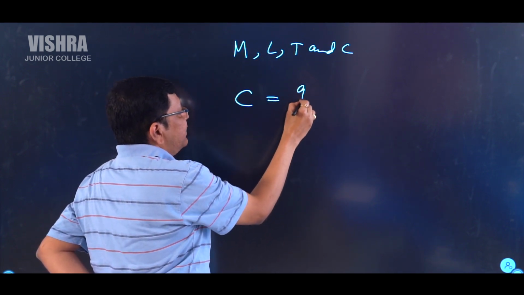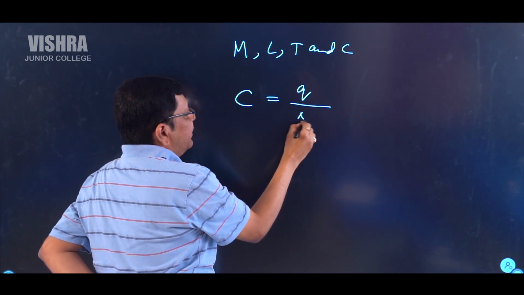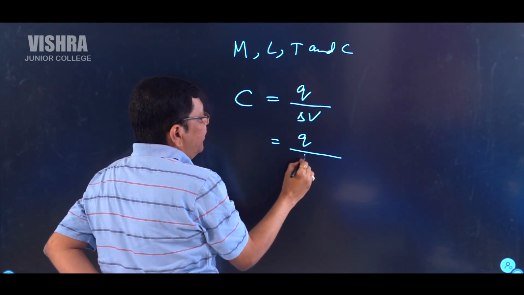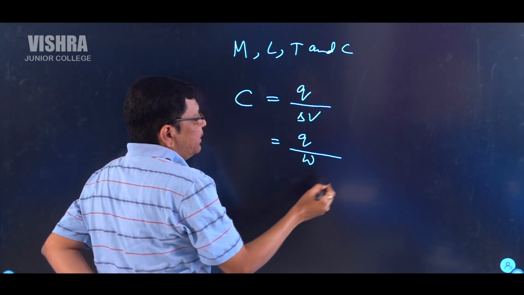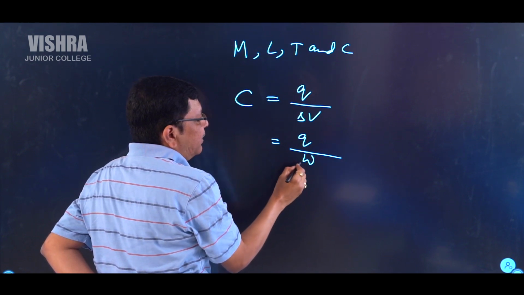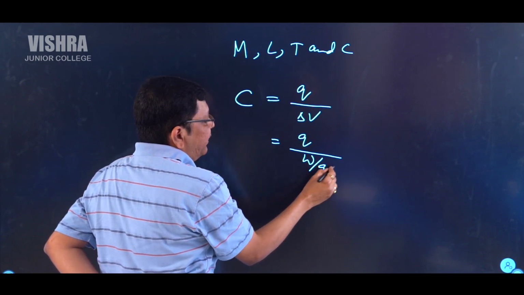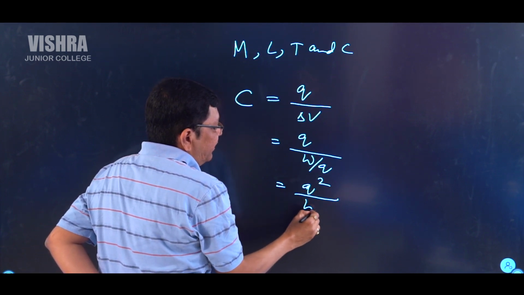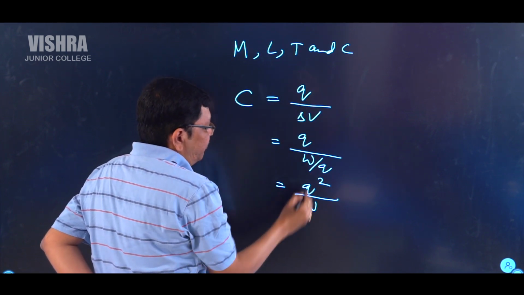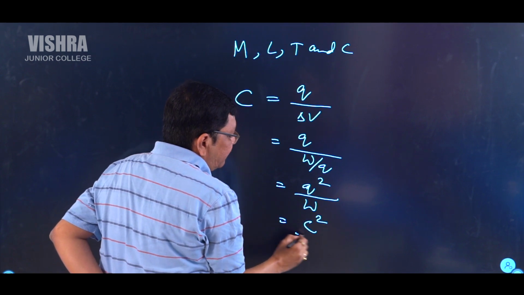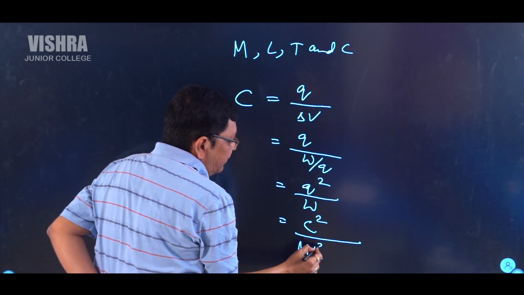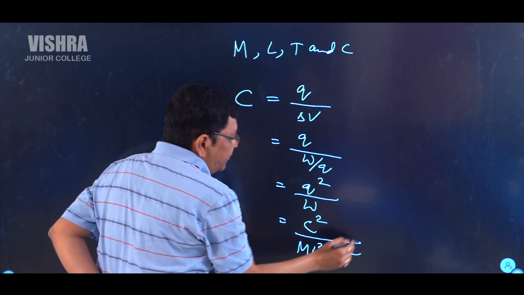We know that capacitance is charge over potential difference. And potential difference we can write as the work done to move one unit charge from A to B, that is work done over charge. So if I move charge to the numerator, this is Q square divided by work done. Q should be replaced with C, so C square, and the dimensional formula of work done is force into displacement, that is ML2 T minus 2.